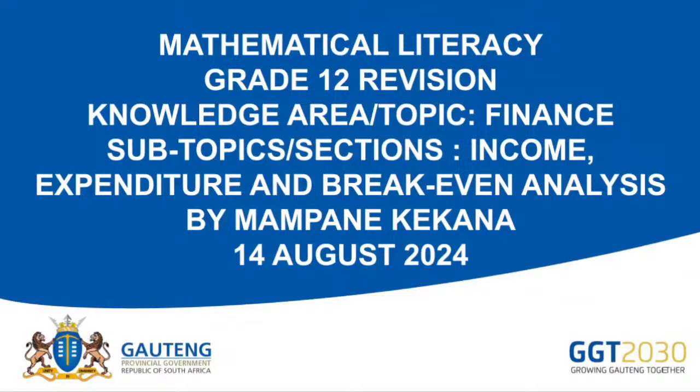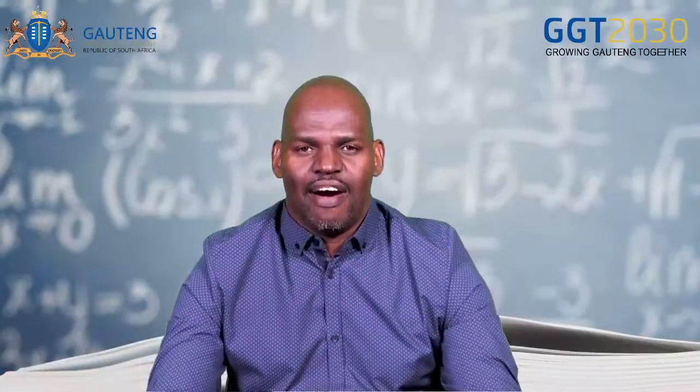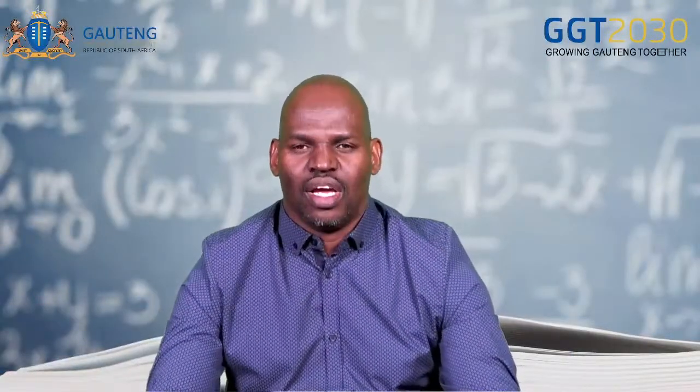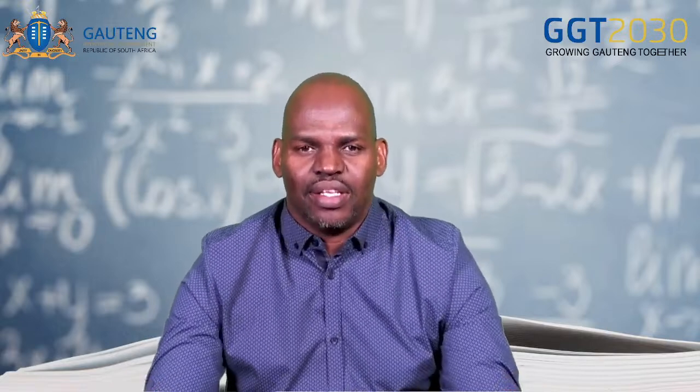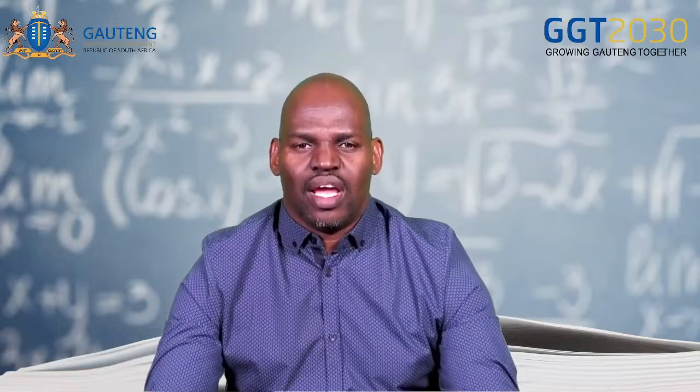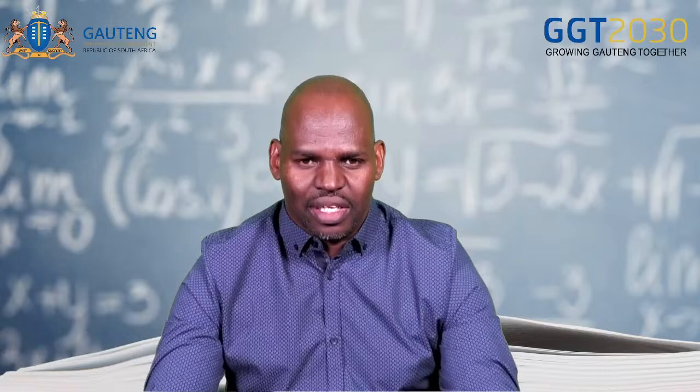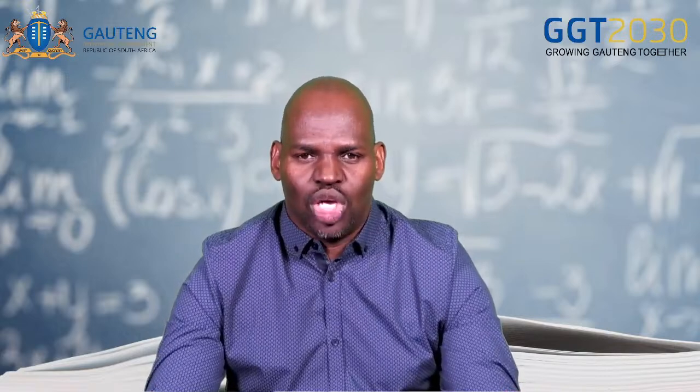As you can see, our focus today is going to be on income, expenditure, and break-even analysis. That is one section that we find under the topic finance. It is also one of the easiest and most interesting sections in mathematical literacy. So please stay tuned and enjoy the lesson.